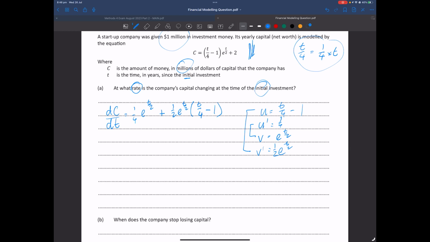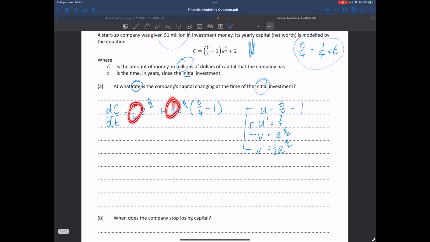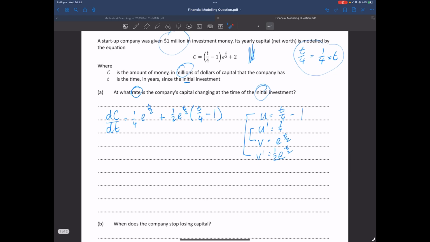And then I've got this quarter and this half, and I'm just trying to figure out whether it would be useful to take any number out with it. But how about I just take that out to start with? So e to the t over 2 outside of a quarter plus a half outside of t over 4 minus 1. And I might even simplify that a little bit more, because I can see some simplifications I can make.